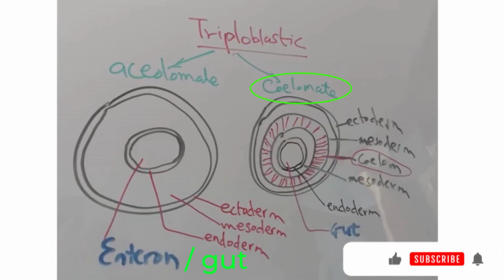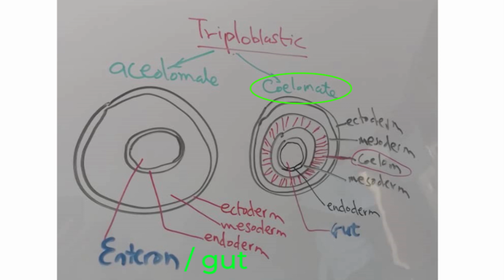There is another type of triploblastic organisms, which are the rest of the phyla. They are all coelomates. Coelomate means that in the mesoderm, there's a space called coelom. And it is in this space that you have transport systems like arteries, veins and capillaries.